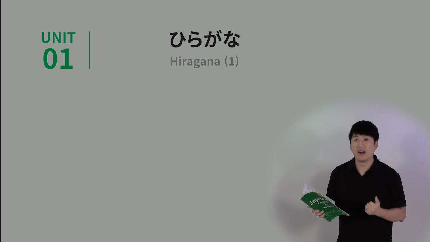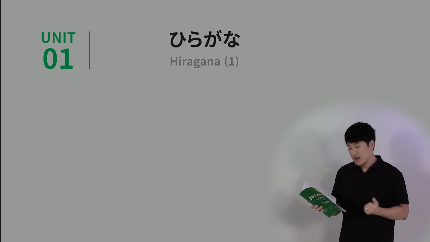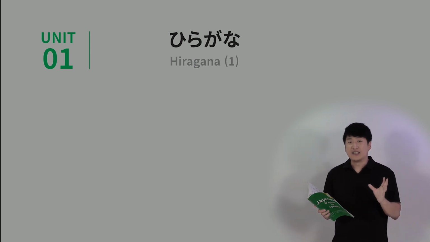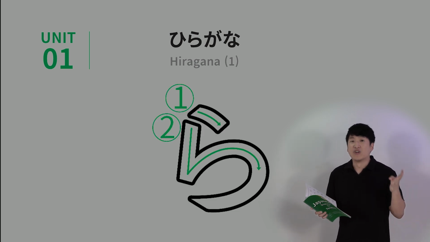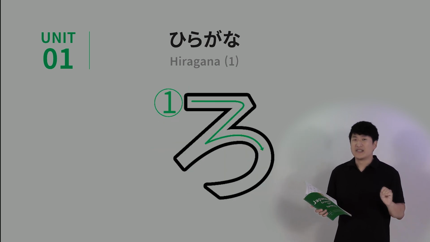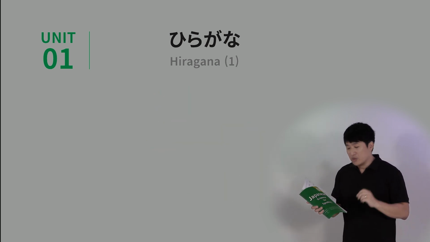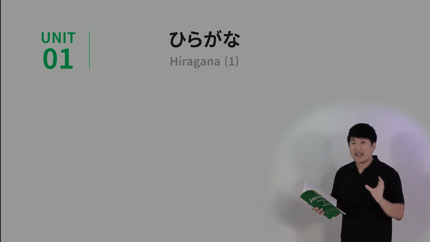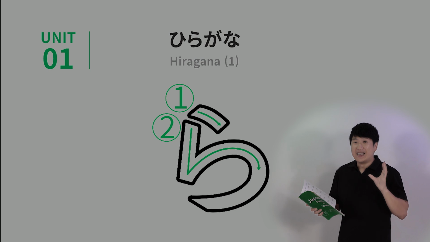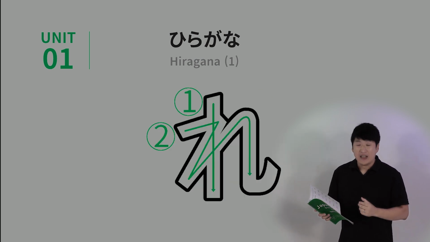There's no R sound in Japanese. So if you use the English R sound, it sounds like this: ra, ri, ru, re, ro. It sounds very wrong, right? So we want to use an L sound instead of R, so it sounds like la, li, lu, le, lo.